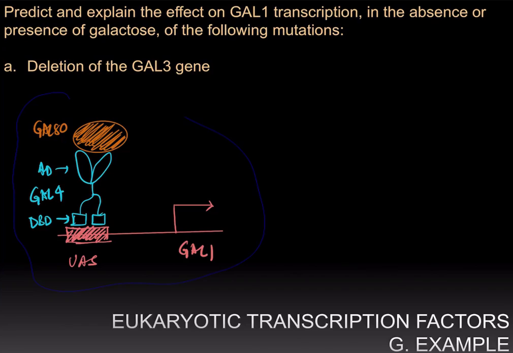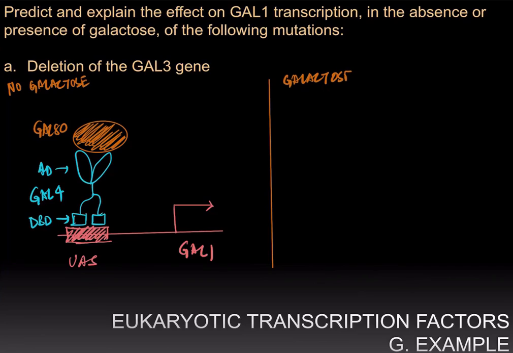And let's do this in two scenarios. So one scenario is when there is no galactose available to the cell, and the other is when you have galactose available in the cell.